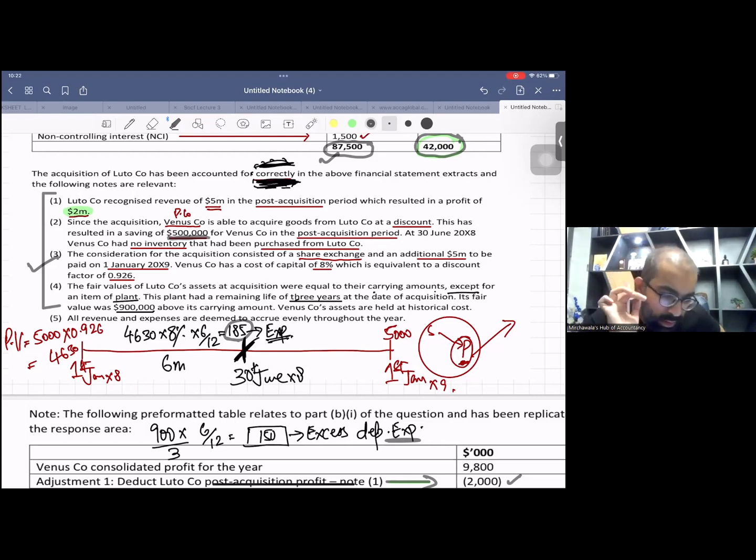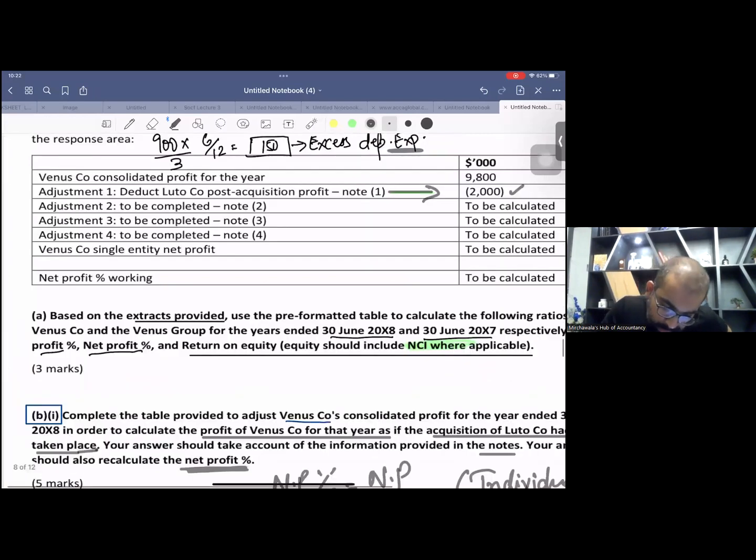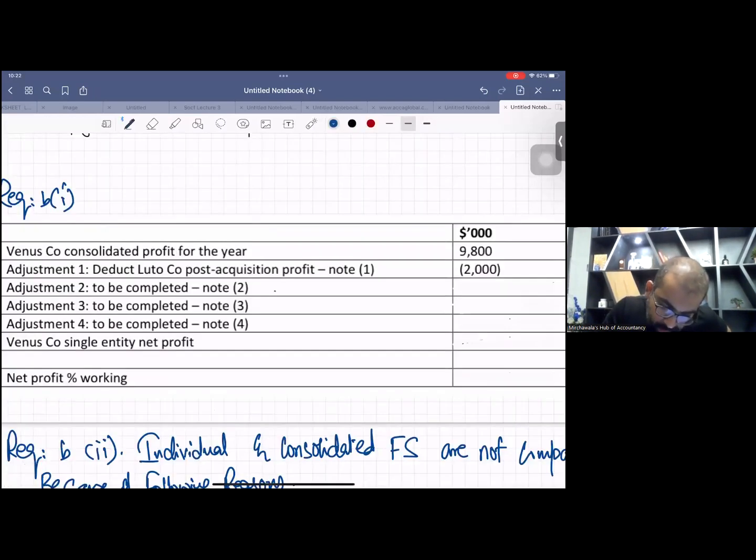Let me do it for you. I have made the sketches for you. Adjustment number 2 was a benefit, discount. So you have to subtract 500. Adjustment number 3 was unwinding of discount. I have already taught you unwinding of discount, right? 4600 times 8% times 6 upon 12.